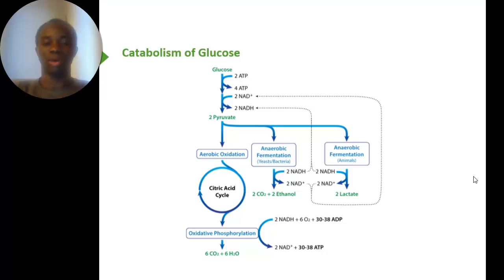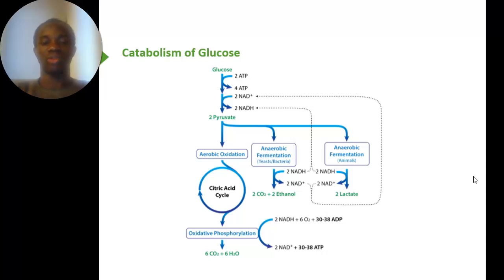This system is linked to the citric acid cycle, and that's why you have oxidative phosphorylation at the end of this diagram.